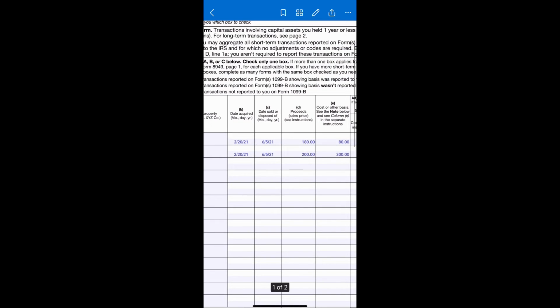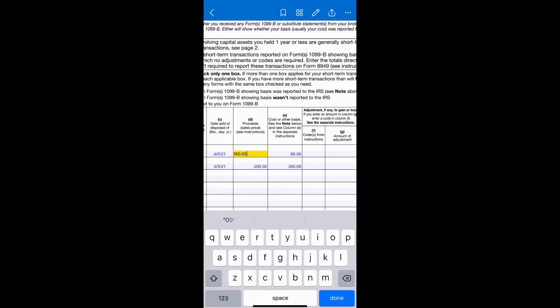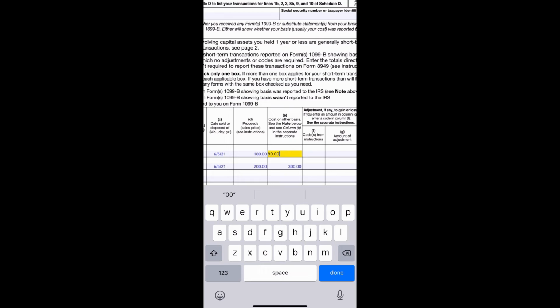You're going to put in the date you sold it. You're going to put in how much you sold it for. This column is how much you sold it for, and then the next column is how much you purchased it for.